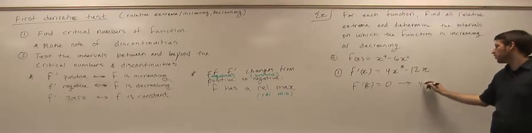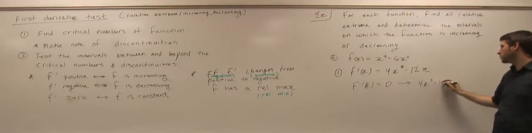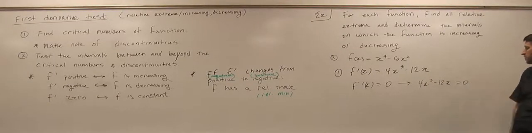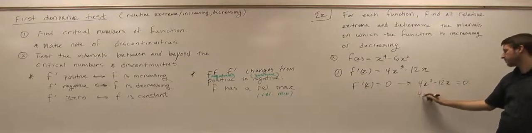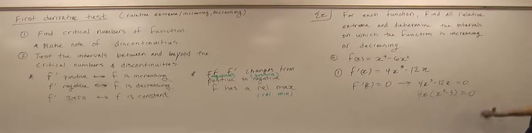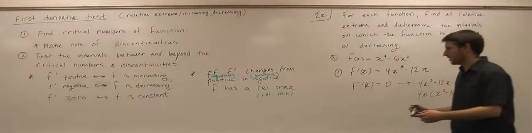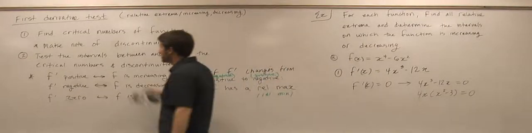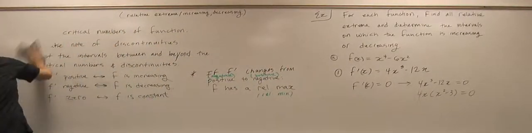So I have to solve 4x cubed minus 12x equals 0. So probably factor. 4x comes out. So what are my critical numbers? 0 or plus or minus root 3?